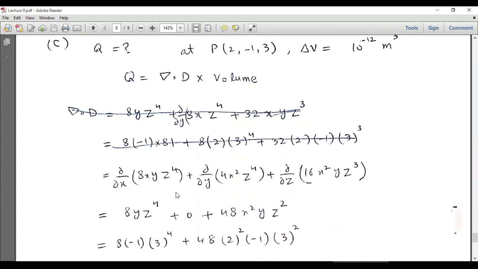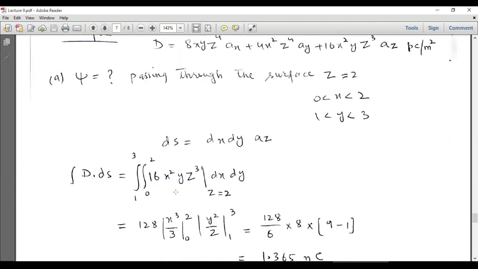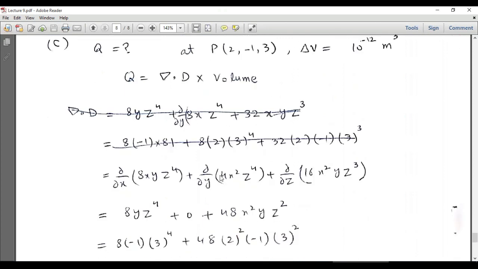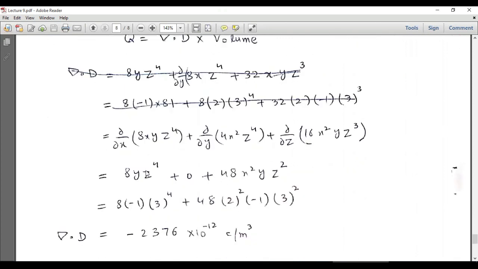So del dot D is actually partial derivative of Dx with respect to x, plus the partial derivative of this expression with respect to y, and the partial derivative of this expression with respect to z, and then add all of them and put the coordinates of x, y, and z, right? So the partial derivative of this component with respect to y is equal to 0, and we get this expression.